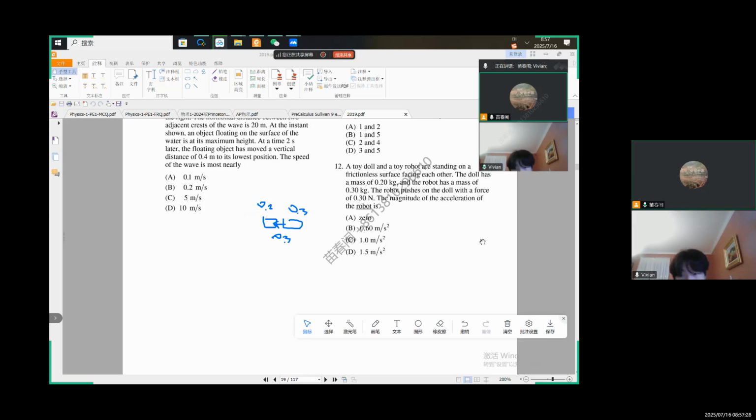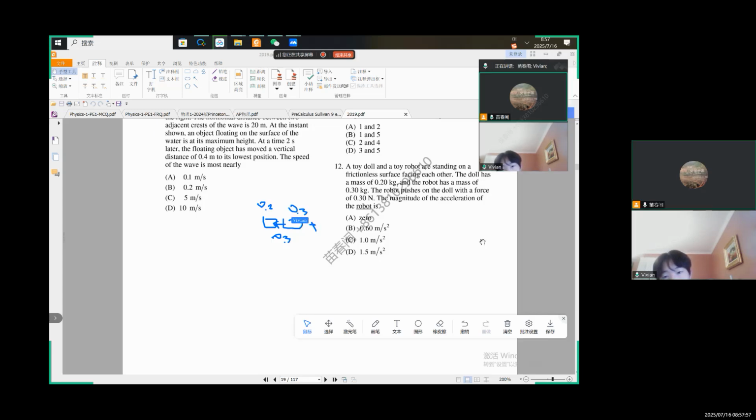Wait, momentum is conserved, but I don't think we need to use it. You do the energy. Wait, if he put in a force of 0.3 newtons this way, that means there's another force of 0.3. Yeah, Newton's third law. Oh, 0.3.